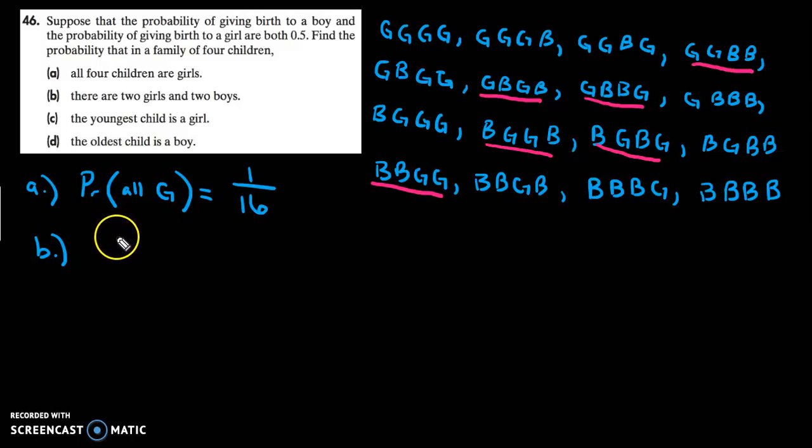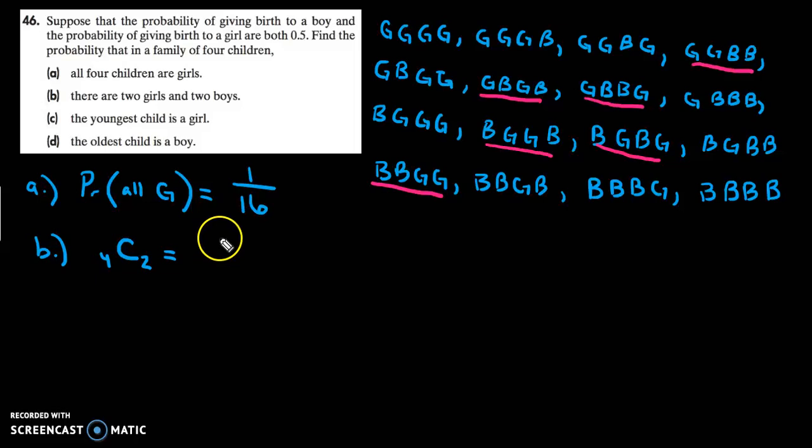Well, picture I have 4 spots, and I'm supposed to be choosing how many different ways can I rearrange 2 things within there, 2 girls or 2 boys. So I have 4 spots, and I'm choosing 2 boys or 2 girls. How many different ways can I arrange that if I have 2 G's and 2 B's? So that's 4 choose 2.